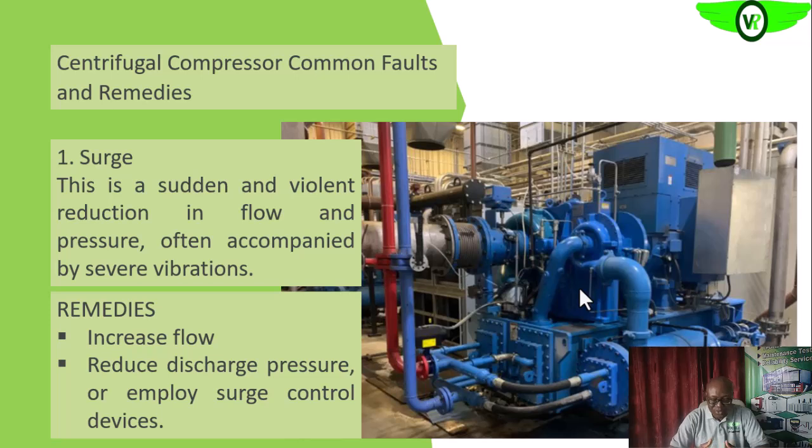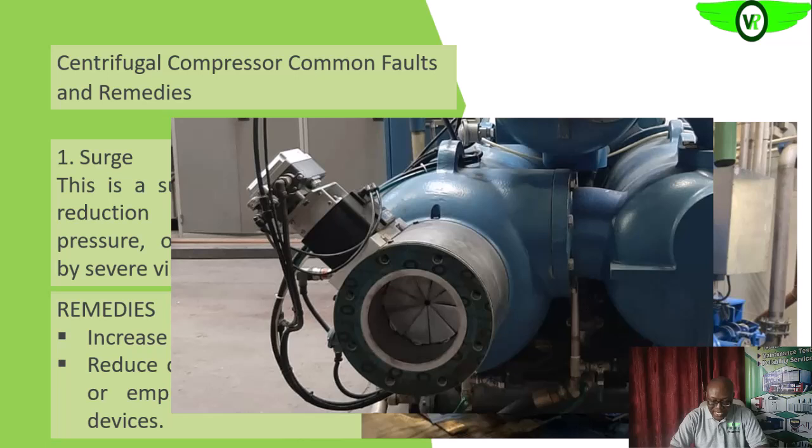Then we can also employ control devices, okay, especially in the inlet, trying to reduce the amount of gas that we are administering into the inlet, so as to reduce the volume of gas that will be compressed within the compressor. So we can use the inlet guide vane. So that's what you are seeing here.